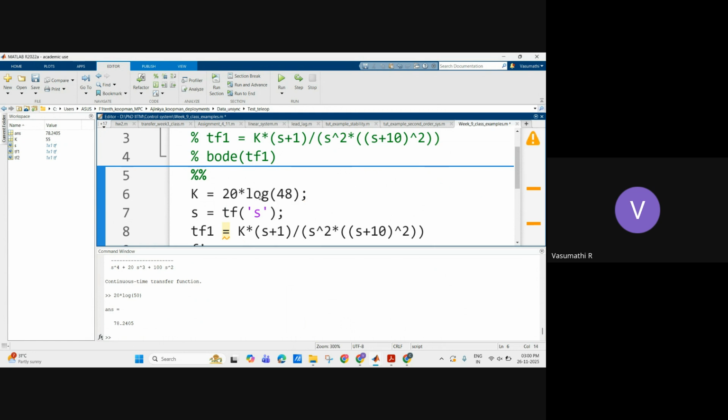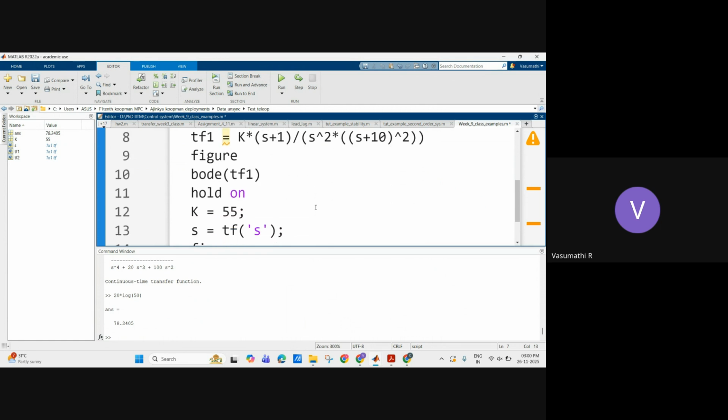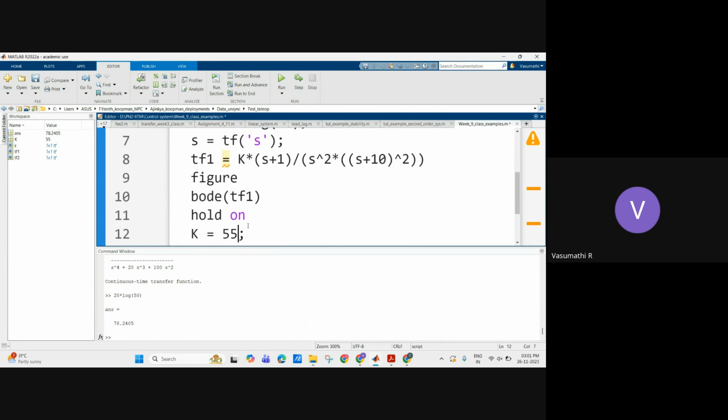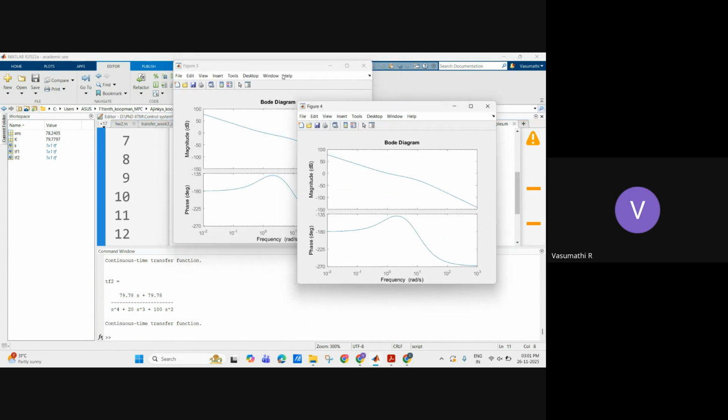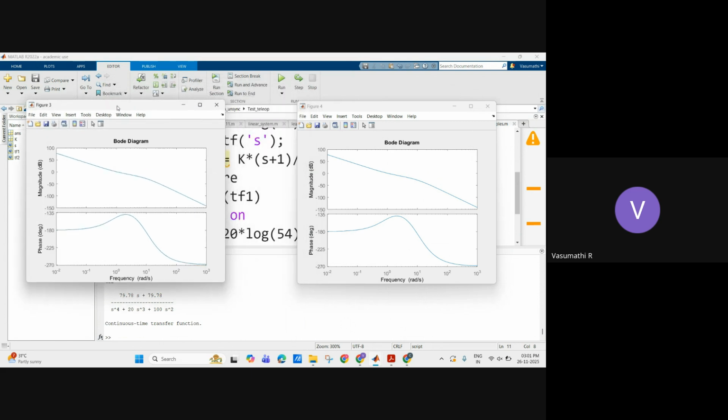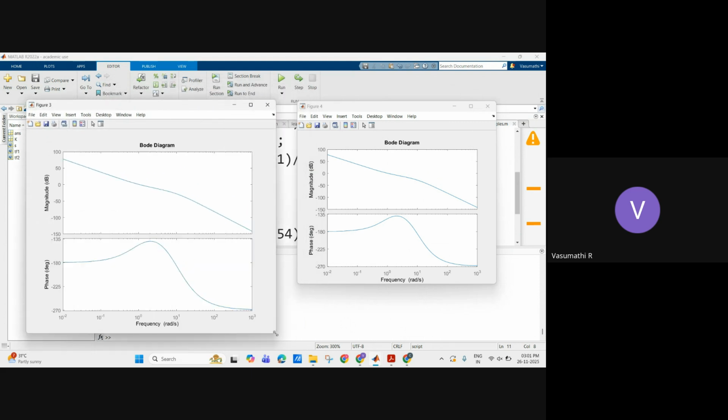Same 48, but it should be considered in decibels, right? So this is the mistake we are doing. 20 into log of 54. Now we'll see. This is for 48, this is for 54.